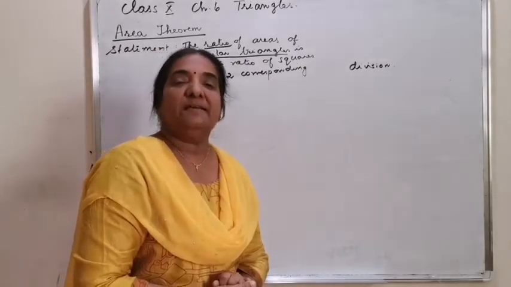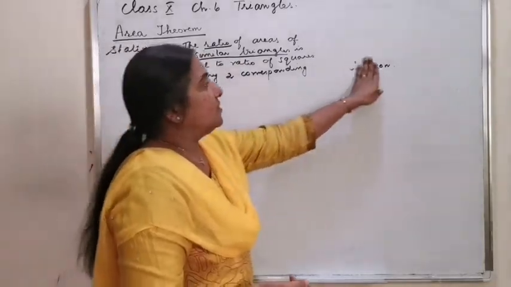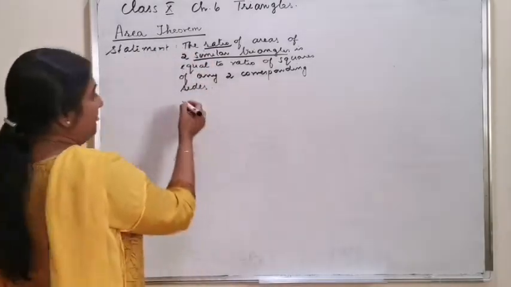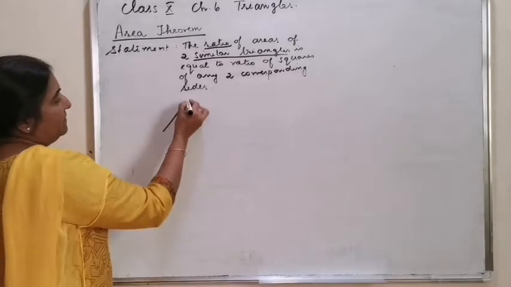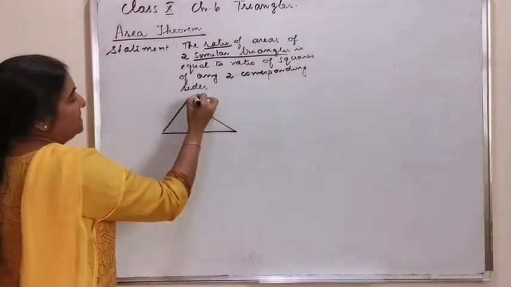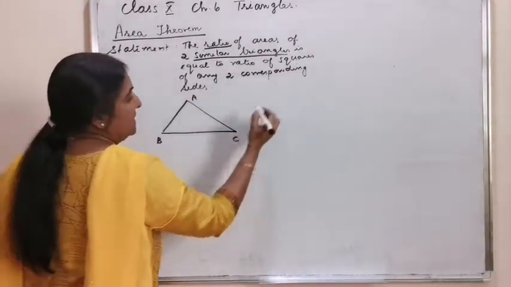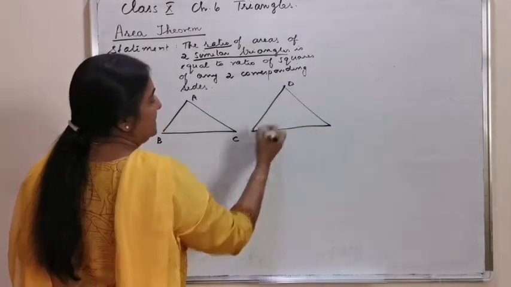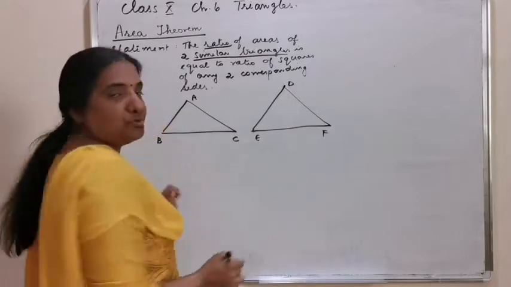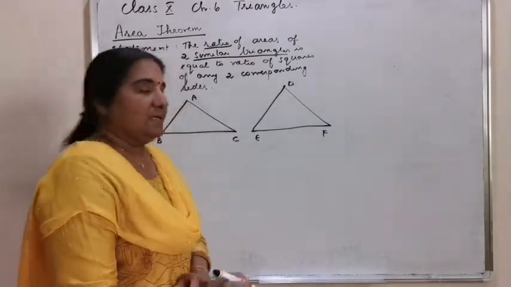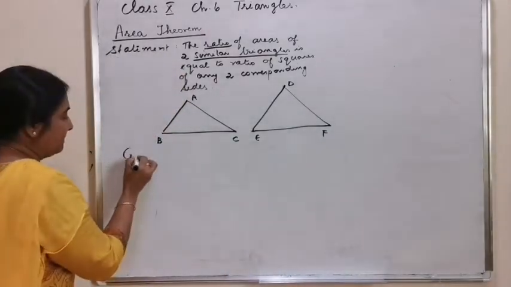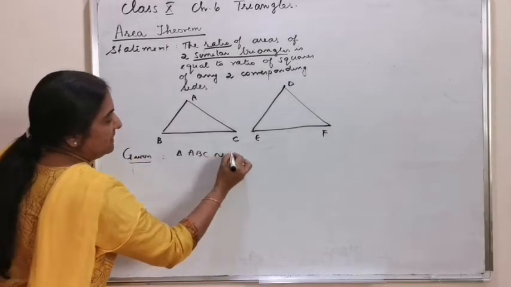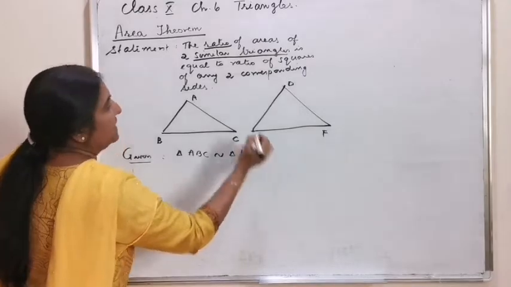two corresponding sides. Let's draw the figure and write the given and to prove condition. So, the figure says that triangle ABC and DEF are the two similar triangles. Given: triangle ABC is similar to triangle DEF.